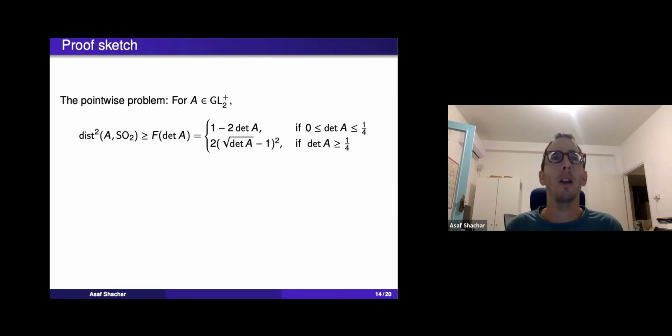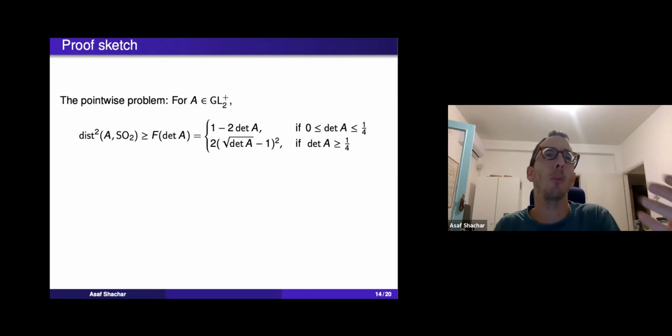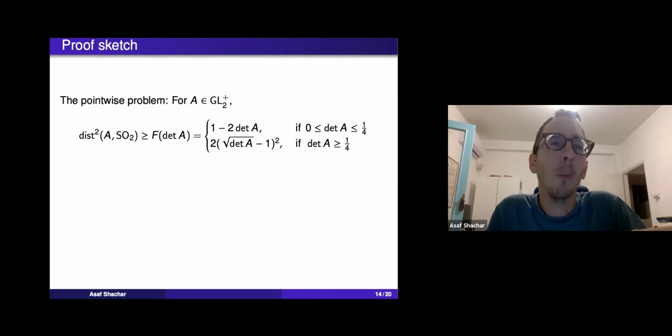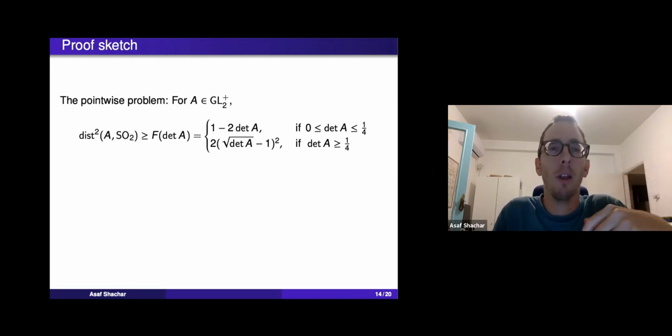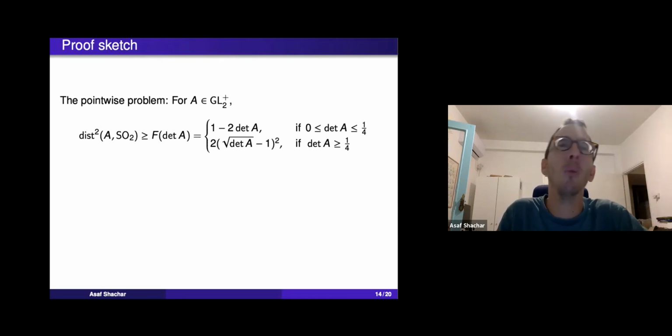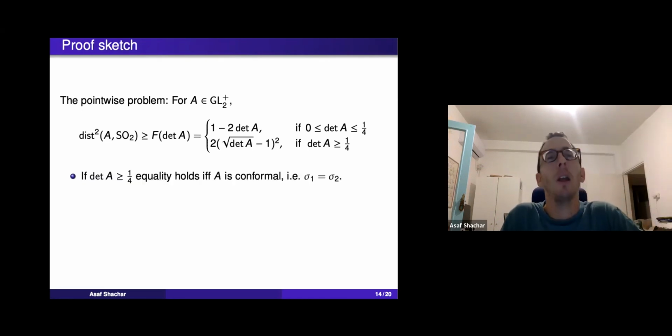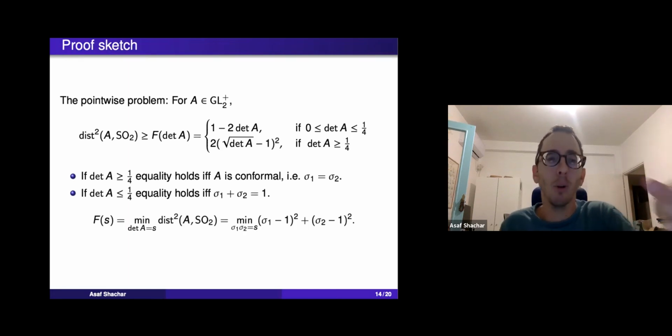Okay, I want to say something about the proof sketch. So let's consider the pointwise problem. Forget manifolds, surfaces. We're just looking at pointwise matrix calculus, textbook. My claim is the following. For any 2x2 matrix A with a positive determinant, the squared distance of the matrix from SO2 is greater or equal than the function f from before, the lower bound, evaluated at the determinant of A. In other words, I'm trying to solve the following problem.